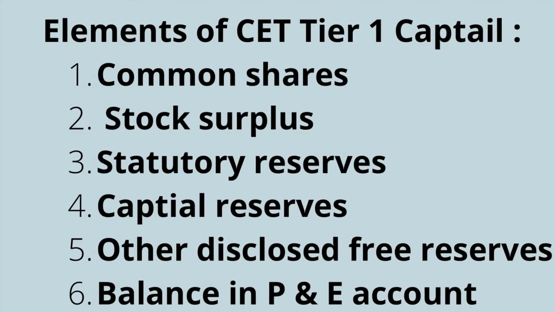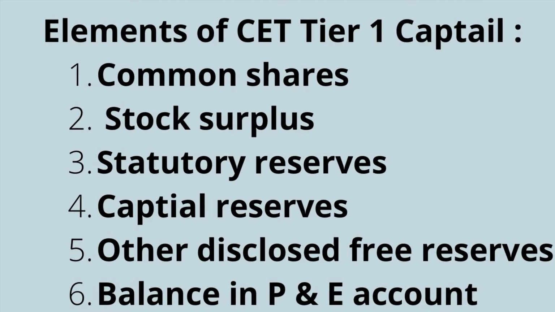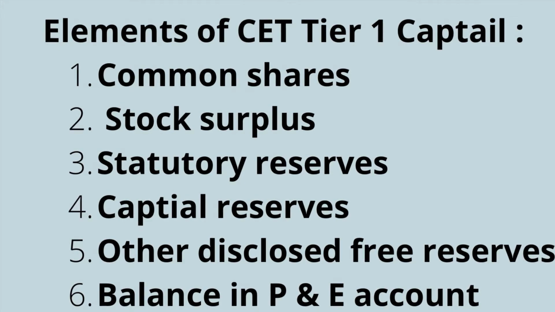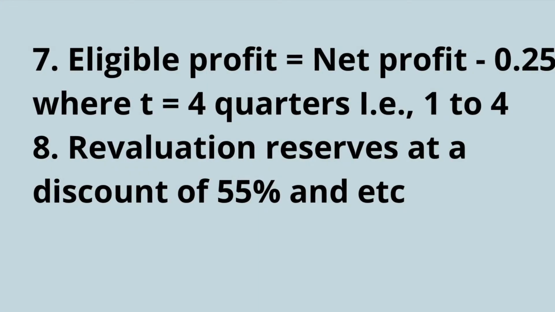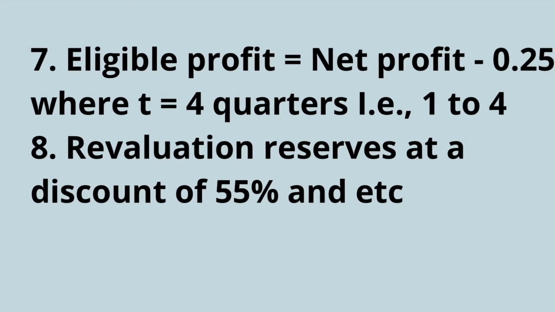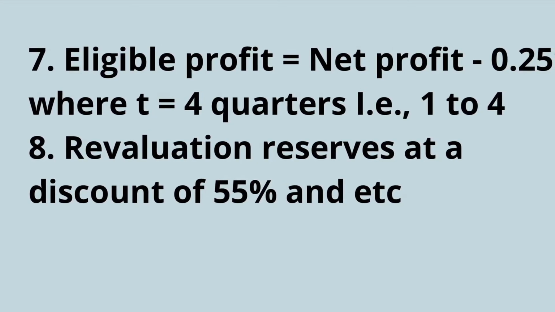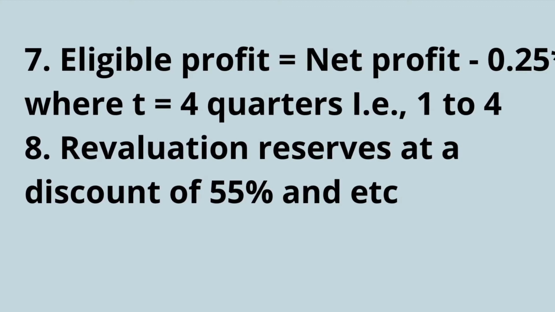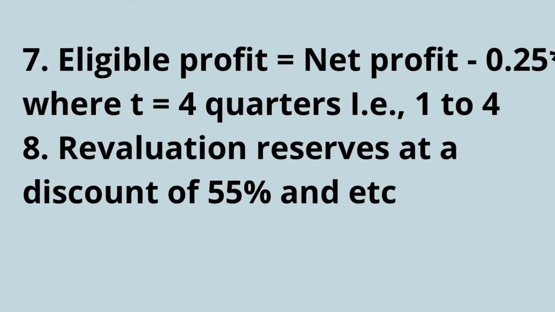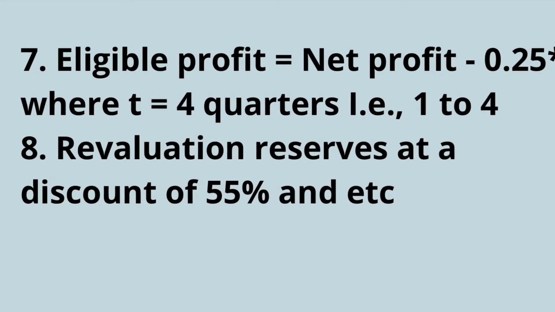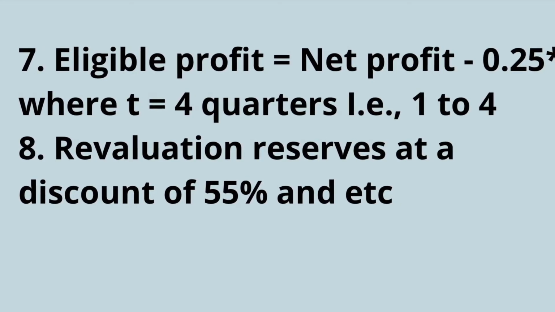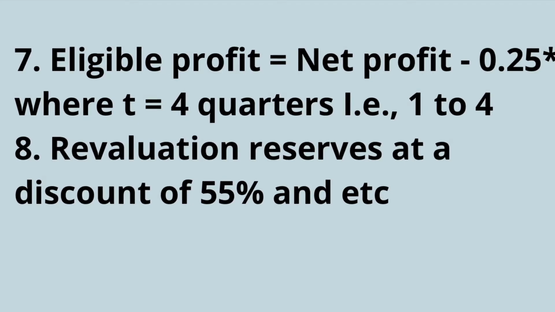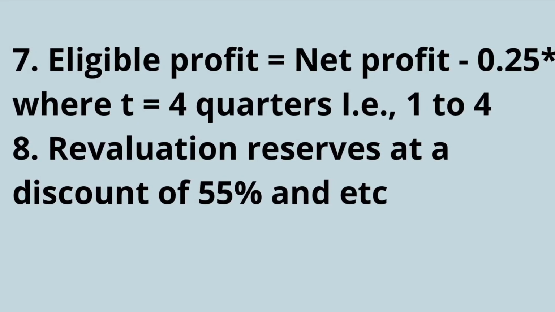Next one, balance in profit and loss account at the end of previous financial year. And the next one, calculation of eligible profit up to quarter T. Let us suppose 4 quarters in a year, quarter T of the current financial year, where this T varies from 1 to 4, that is quarter 1 to quarter 4.